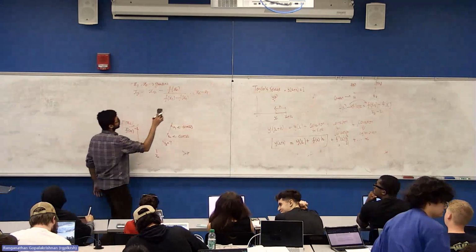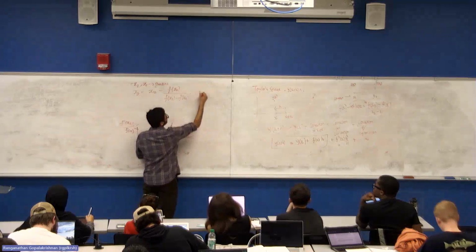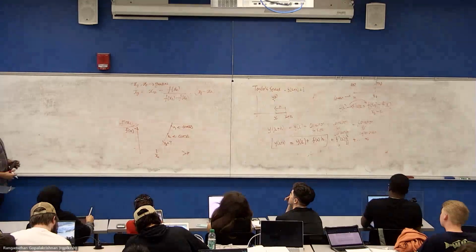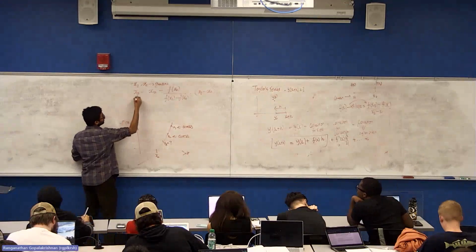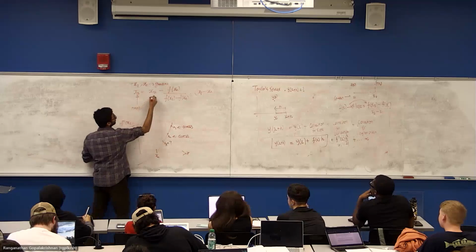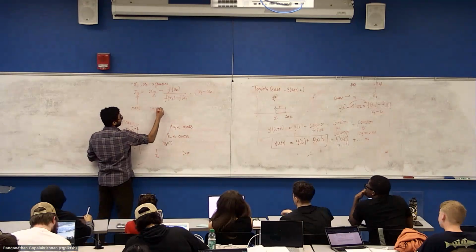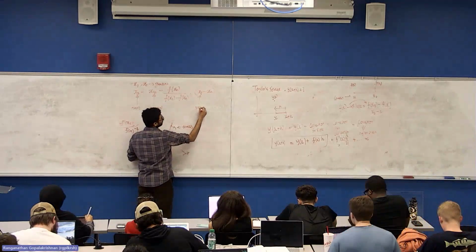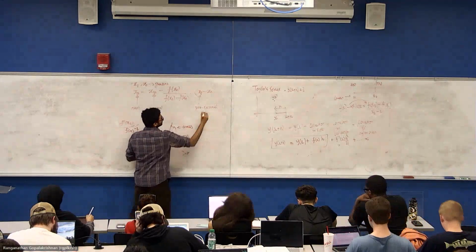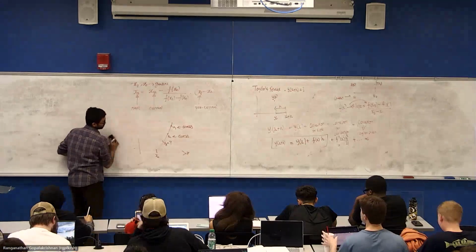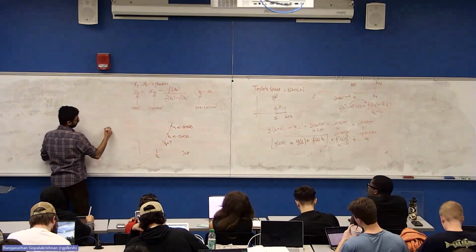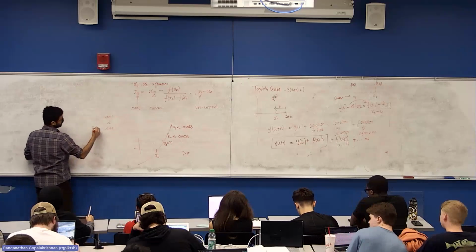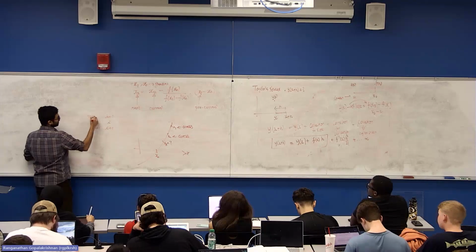Or sorry, x1 minus x2, the other way. x1 minus x2. And you can change these subscripts: call this next, call this current, and call this pre-current if you want to. So you have i plus 1, i, i minus 1. This is next, this is current, this is pre-current.